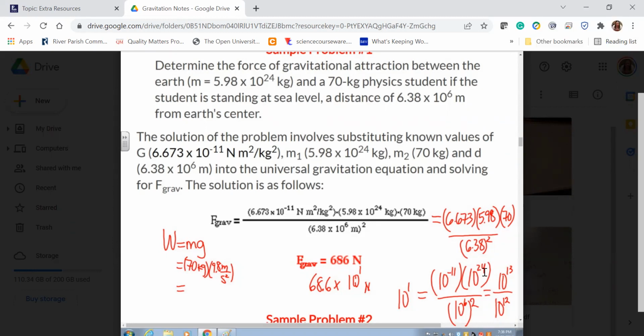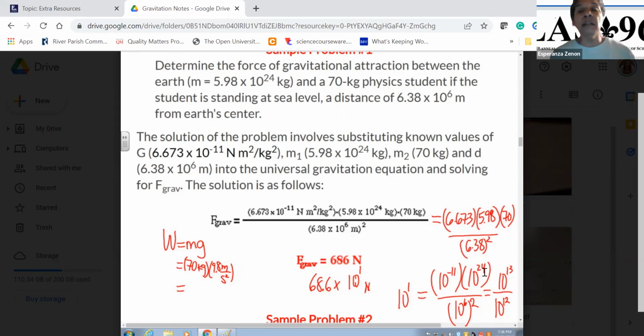No, ma'am, I'm good. Okay, because this is the kind of thing you will be expected to do when you're using the gravitation formula, okay? And you'll use the gravitation formula to find force on problem set number 8. You may have an occasion to utilize it to find any variable that's missing, right?